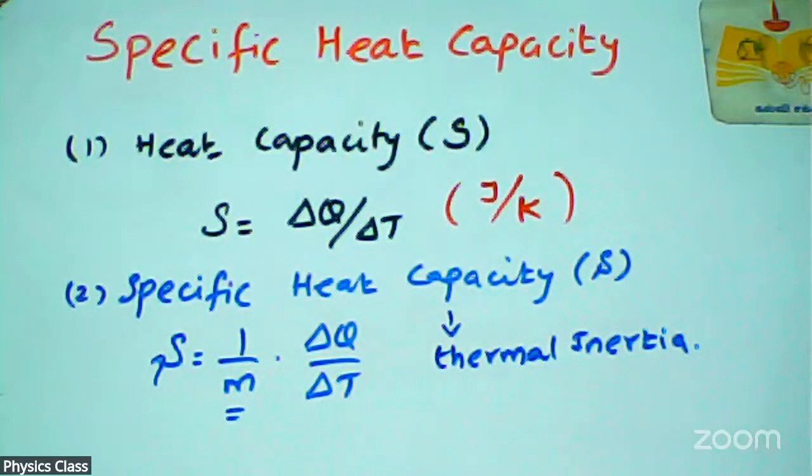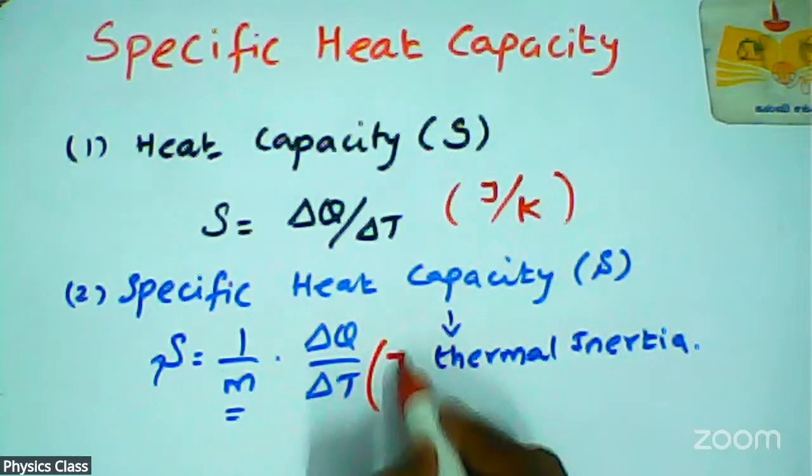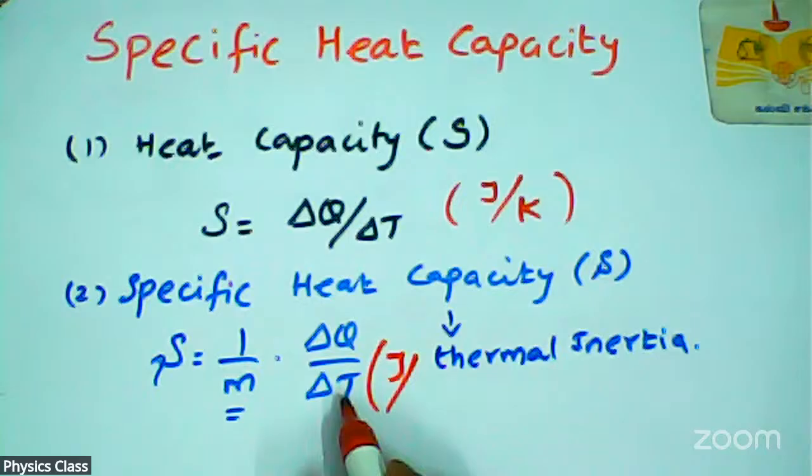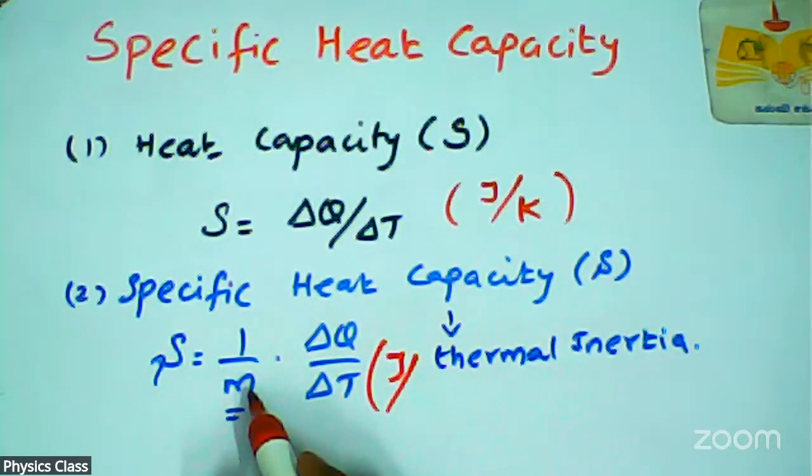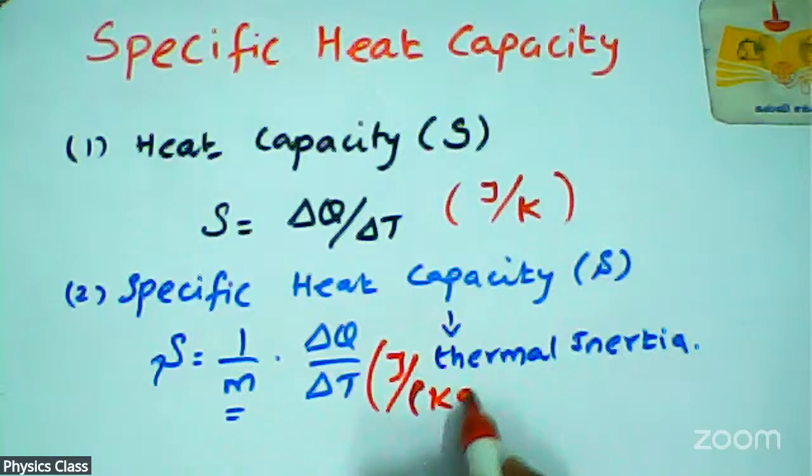The SI unit is joule per Kelvin, but here mass is also there, so joules per kilogram per Kelvin. This is the heat capacity normalized by the mass, so that's why we can put 1 by m.